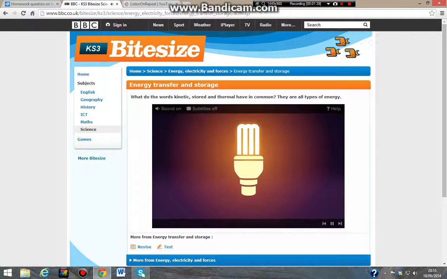Like lighting this bulb, for instance. Energy can never be created or destroyed, just transferred into different forms. Here, electrical energy is being transferred into light energy and heat energy.